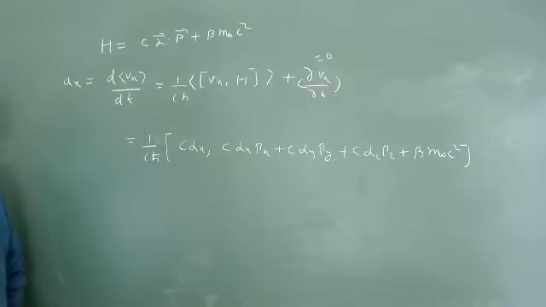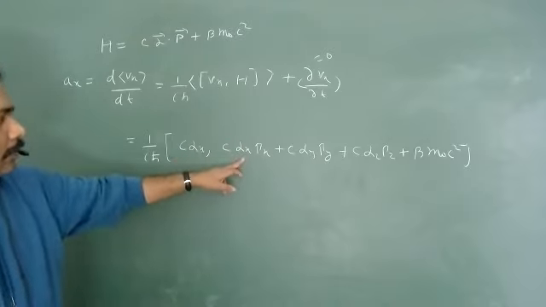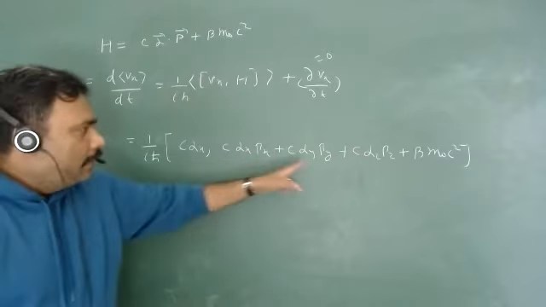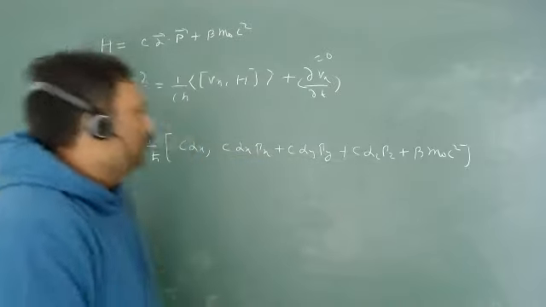So we have to go for all this commutation. What will happen? Alpha x with alpha x px, that is 0. So we have to go for the other ones.